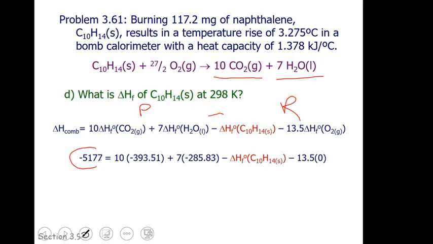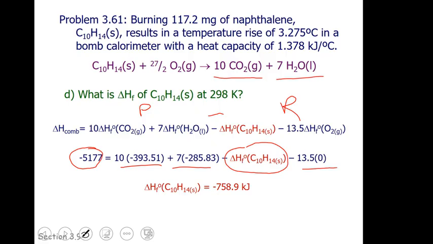I have gotten this value from my corrected calorimeter, and these values are well known. This is what I'm trying to solve for. And of course, by definition, the enthalpy of formation of any element is 0. So now, rearranging the math, I can get the heat of formation of naphthalene as minus 758.9 kilojoules.